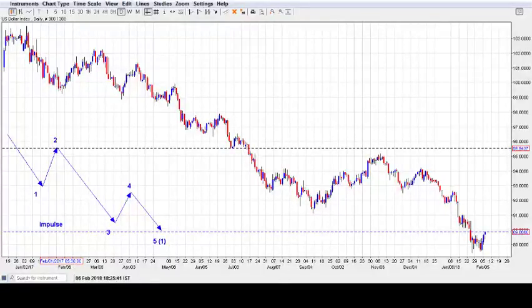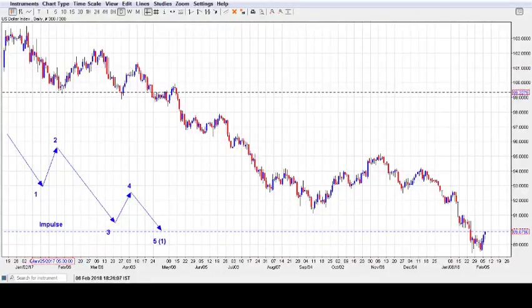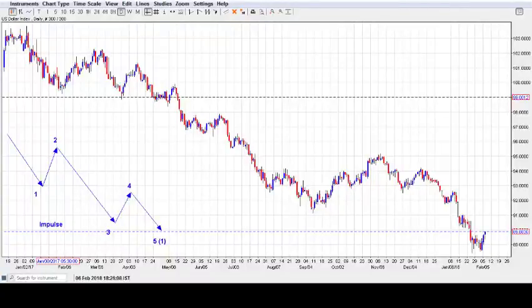It is a 3-3-5. So the last wave, that is wave C, can unfold and subdivide into five waves. So be very watchful and very thoughtful with the wave counts that are being plotted whenever you are looking at a chart. There would always be alternates. Keep those in your mind, and that will help you out in your trading life.